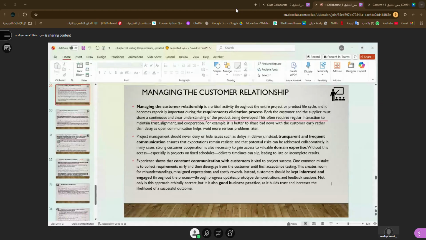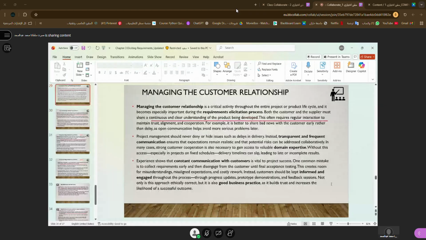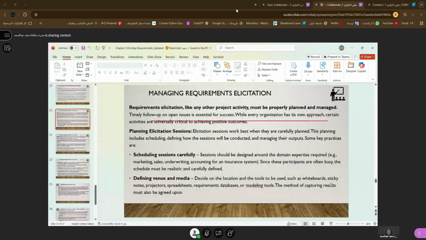So maybe you will be getting any multiple choice from this. So here, next you have in this slide, you will be getting like explain about managing the requirement elicitation. So here you have to write this slide.